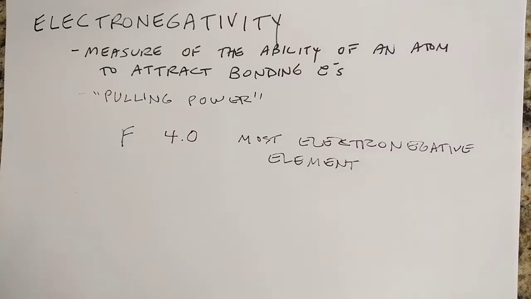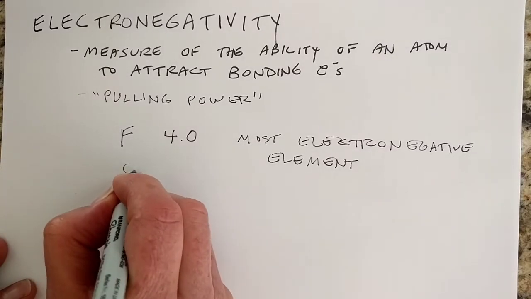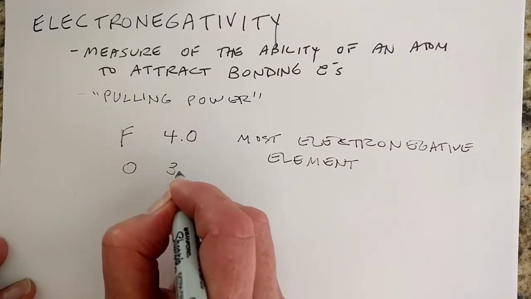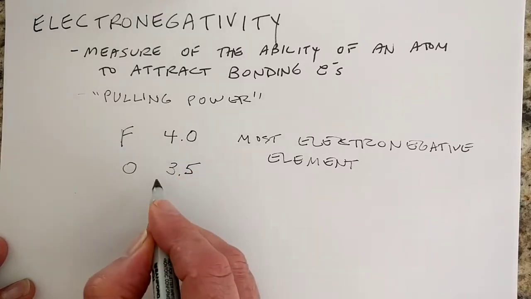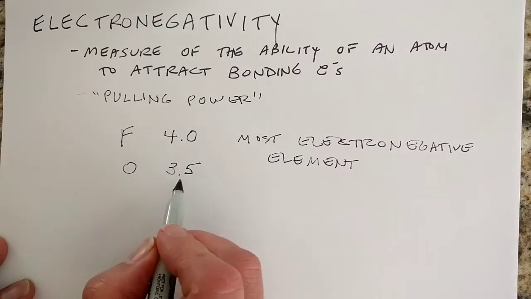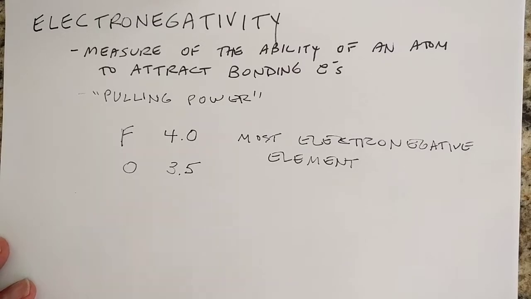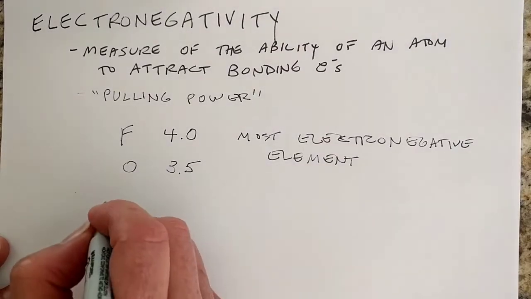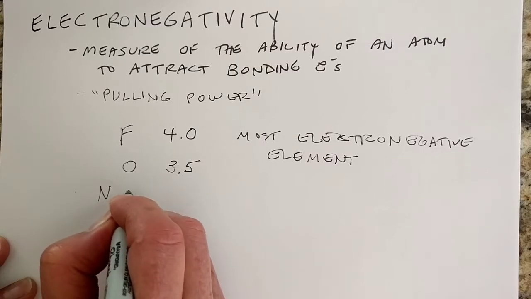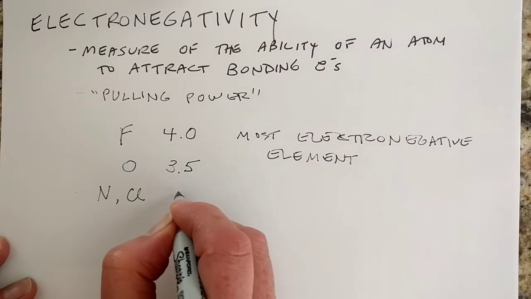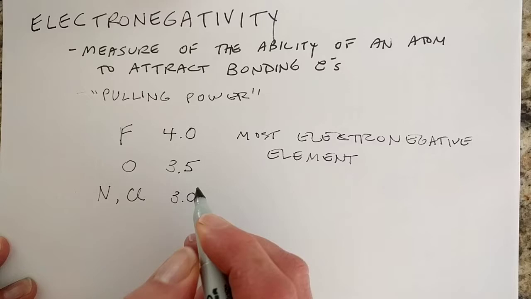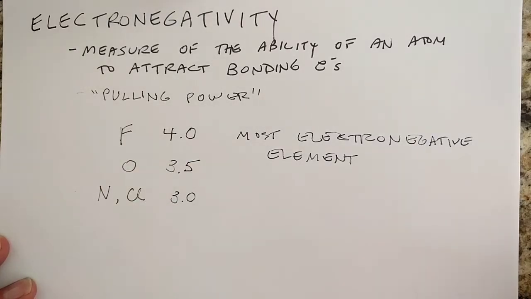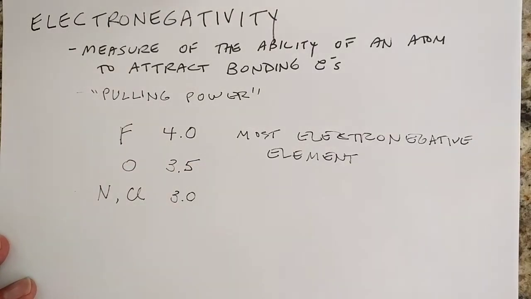It's the strongest. After that, oxygen. And this is really important because we have a lot more compounds that have oxygen in them than fluorine. So oxygen is our second most electronegative element at 3.5. It's got really good pulling power. And then nitrogen and chlorine are the next at 3.0. So there are our top four of the periodic table.